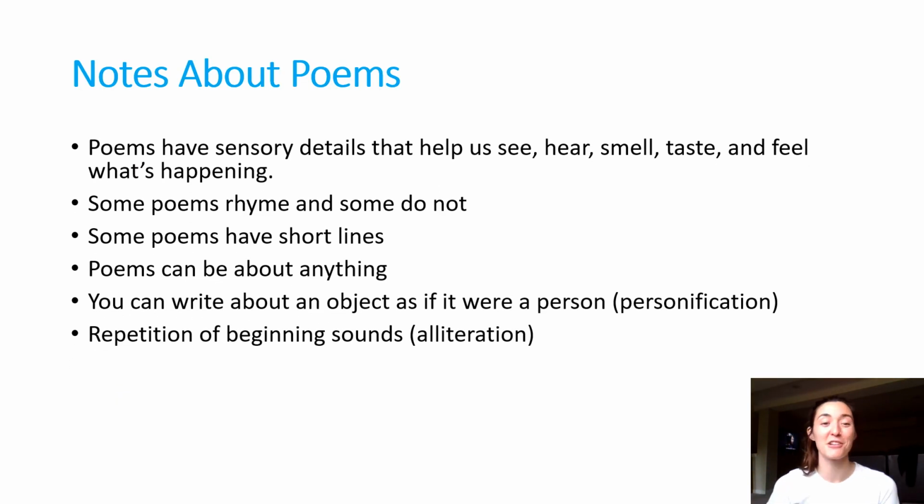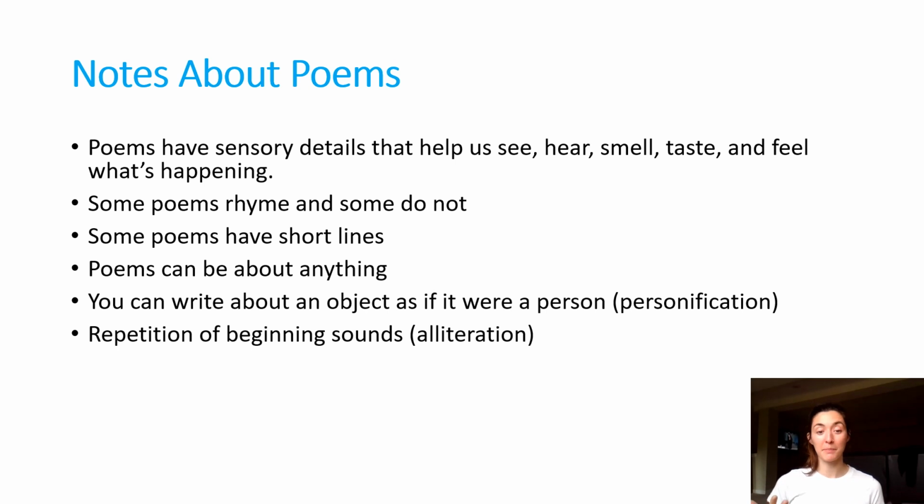So I'm looking at our Notes About Poems page, and we're just going to review really quick. We've talked about sensory details, we've talked about rhyming and not rhyming, we've talked about short lines or long lines, we've talked about poems being about anything, we've talked about personification, right? Giving something that's not alive or not a person some person-like qualities.